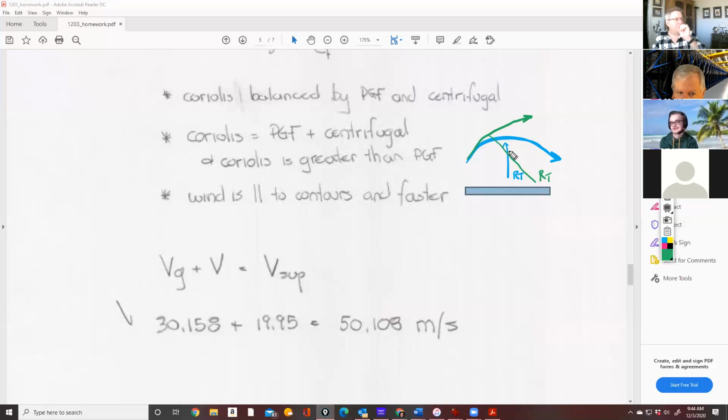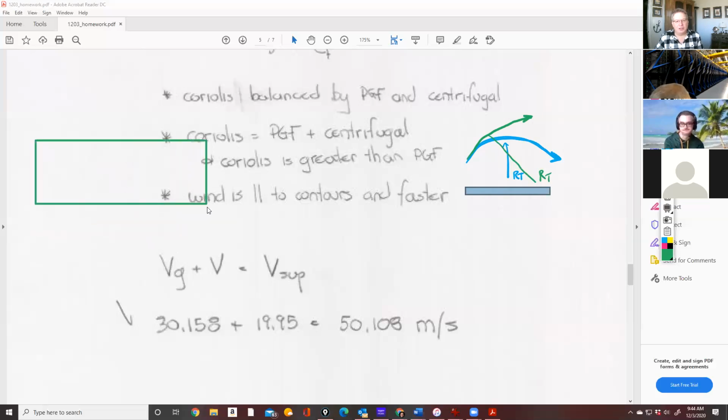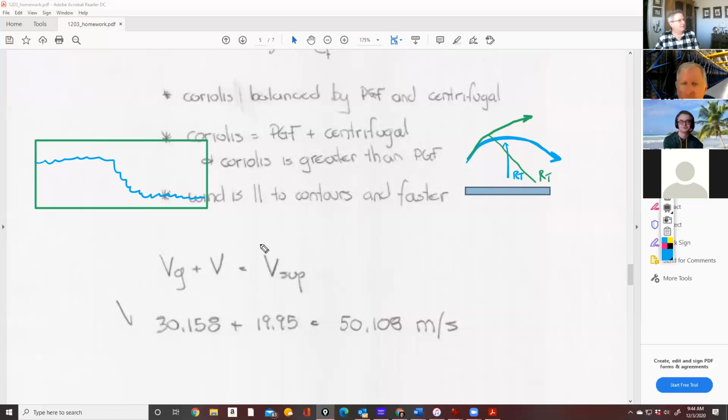But because the air is flowing toward low pressure, you're slackening the pressure gradient. You guys remember what I do with Moses' fish tank? I've got a tank of water, and because Moses can part the Red Sea, I said, what if I saw a tank of water that looked like this? Do you understand that this water is going to try to flow this way until the water level is straight across?